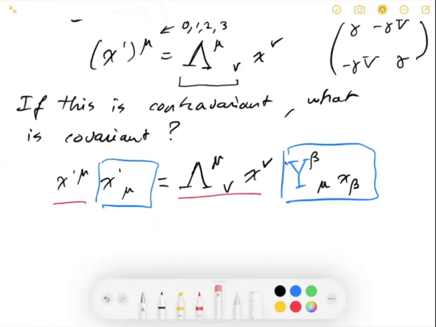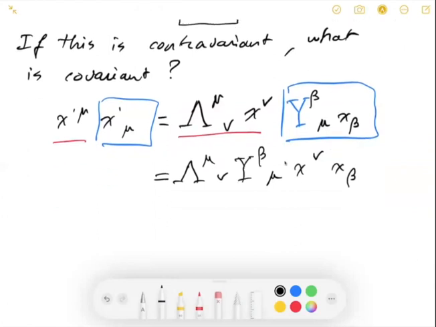Now, let me change this a little bit: lambda mu nu, and now our new matrix y beta mu, with an x nu and an x beta.